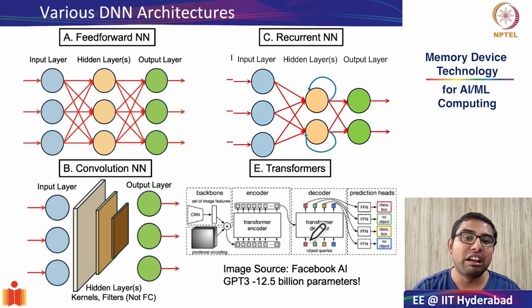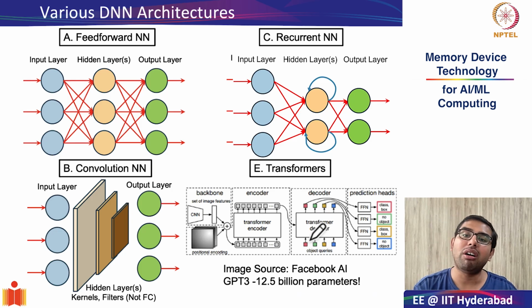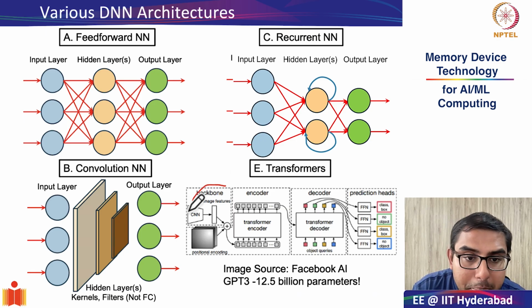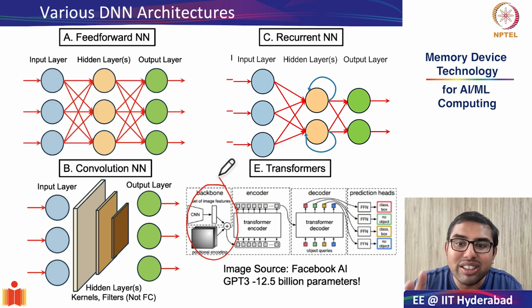The final DNN architecture, which has revolutionized AI/ML computing, is the transformer architecture. In the transformer architecture, generally at the backbone, you have something like a convolution neural network or any other ANN that is applied to the input to extract certain features.